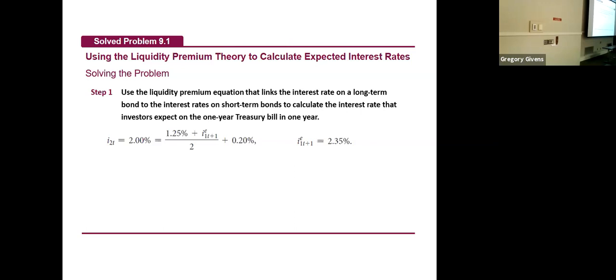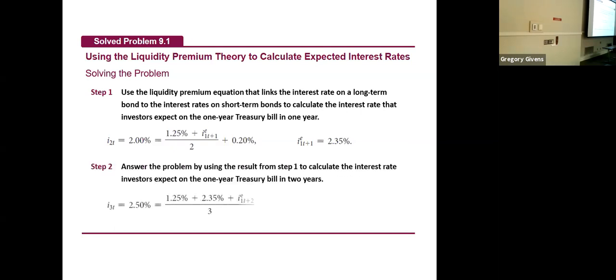So how do we get the expected 1-year rate 2 years from now? You apply the same logic, but this time to the 3-year bond rate. The 3-year bond rate is 2.5%. It should be equal to the average of the current 1-year rate, next year's expected 1-year rate, which we found is 2.35%, and the 1-year rate expected 2 years from now, divided by 3, plus the term premium on a 3-year bond, which in the problem is 0.4 percentage points.